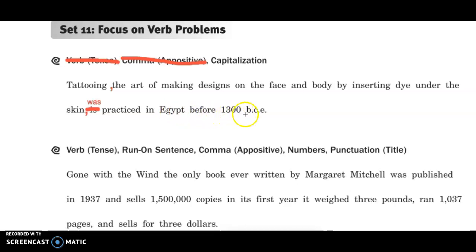But by the time I get to the end of my sentence, I see that I have an abbreviation that has not been capitalized. So I'm going to fix that now. I'm going to get rid of my lowercase abbreviation, and I am going to add capitalized BCE, and I'm going to be sure that I keep those periods in between each letter. And that would take care of my capitalization errors for sentence 1. And there we have it. We have corrected sentence 1.